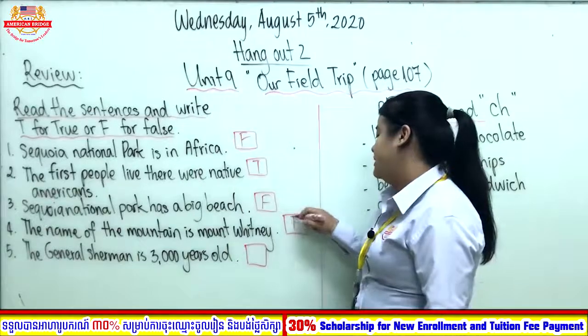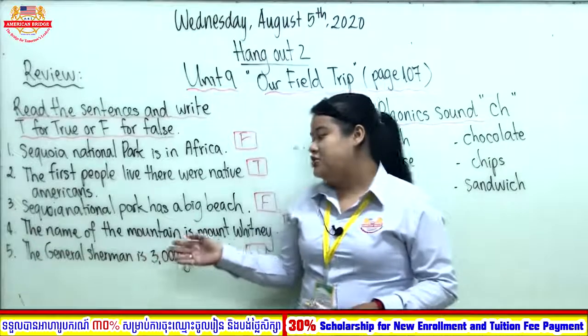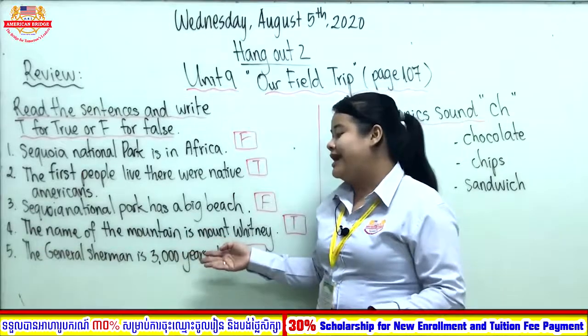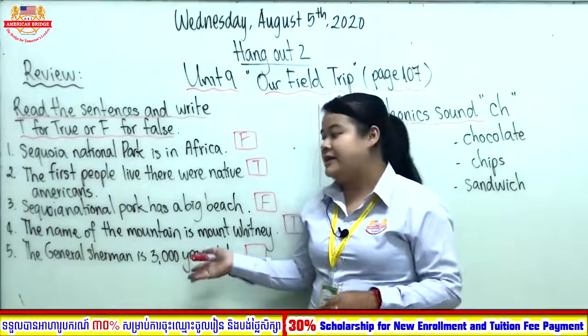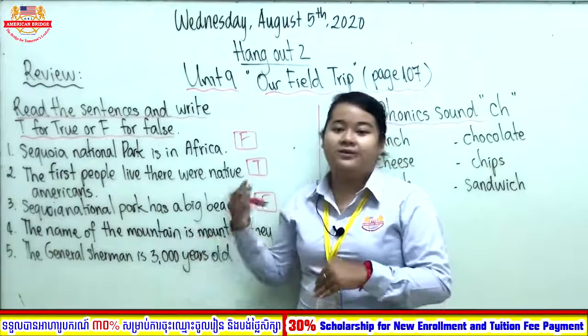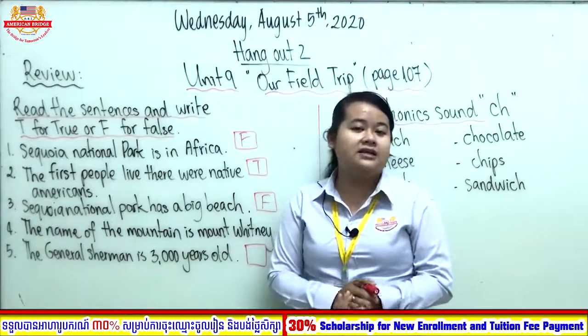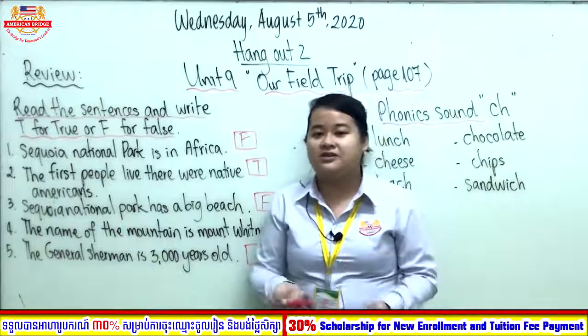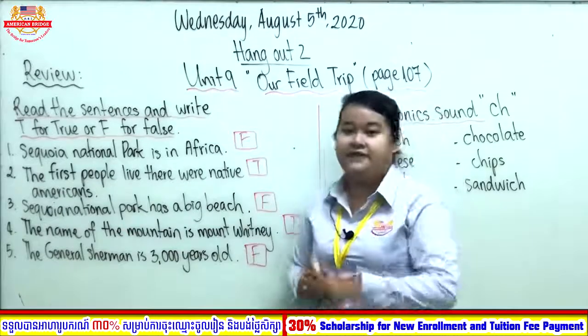So we need to write true here. Now number five: The General Sherman is 3,000 years old. Is this true or false? Great, that one is false, because General Sherman is only 2,000 years old. So we need to write the letter F here.